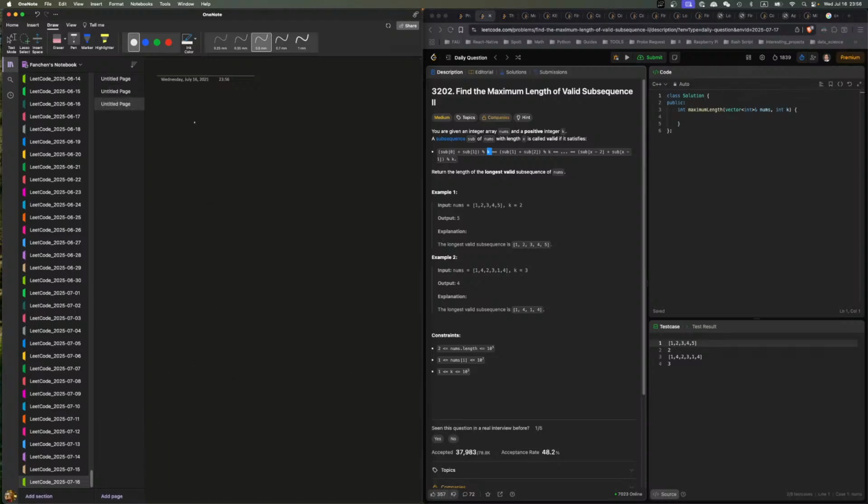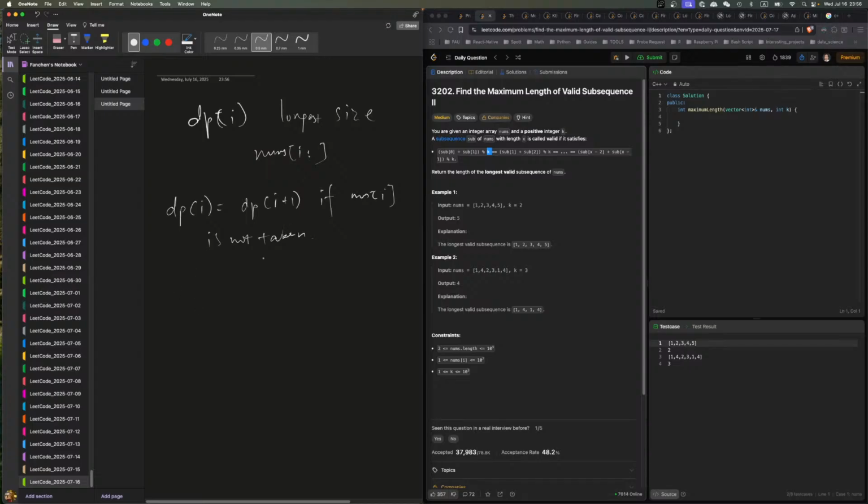Can I say dp[i] is the longest size for nums i to the end? So now dp[i] shall equal dp[i+1] if nums[i] is not taken.